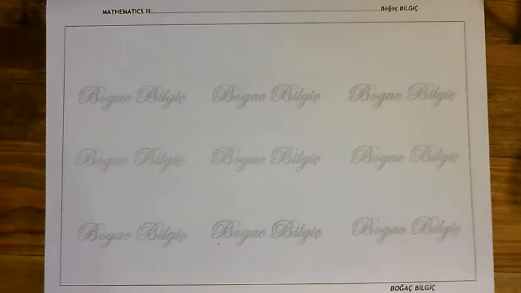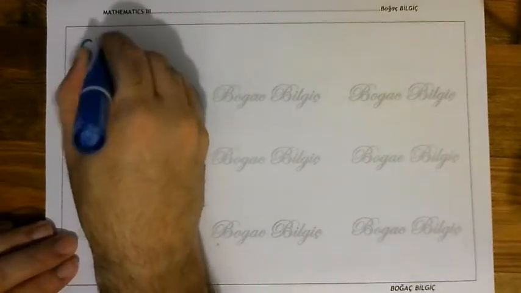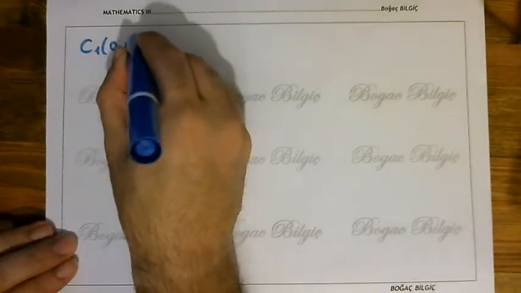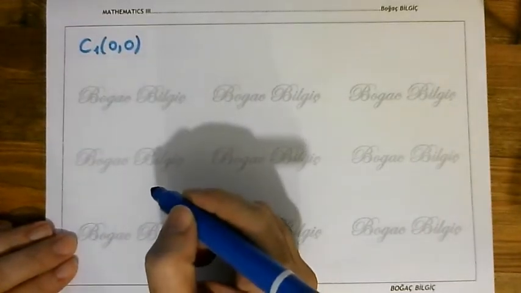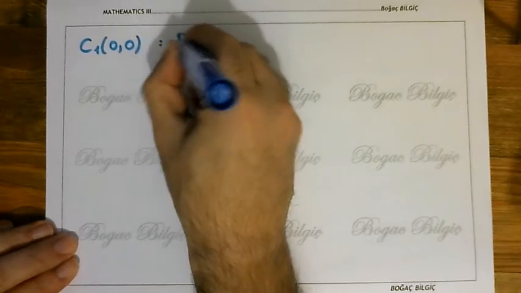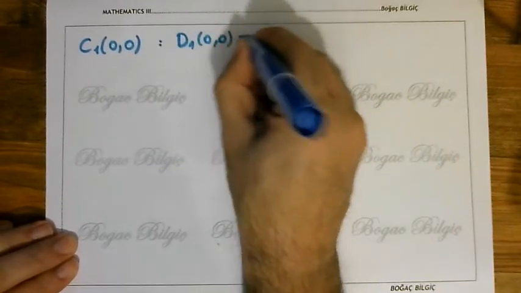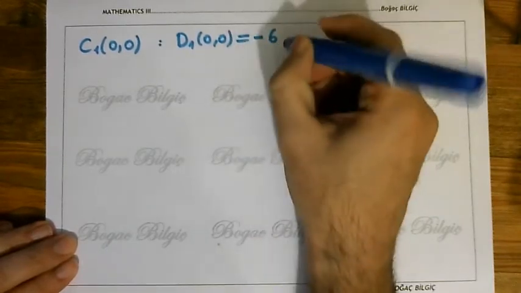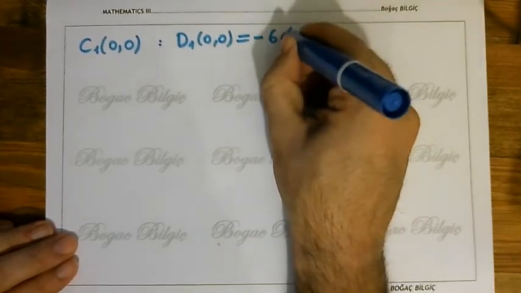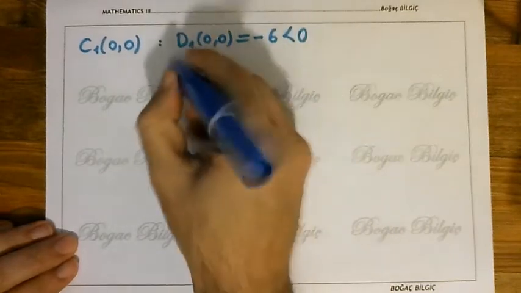To test point C1, (0, 0), we compute D1(0, 0) is equal to minus 6, is smaller than 0.